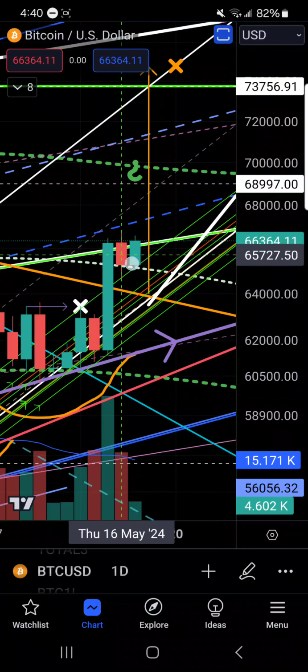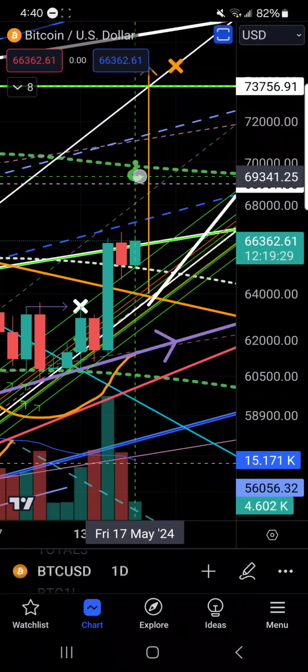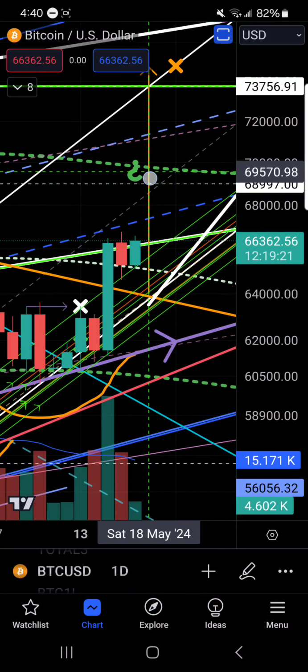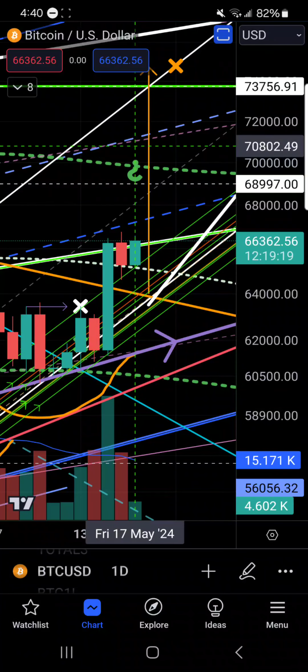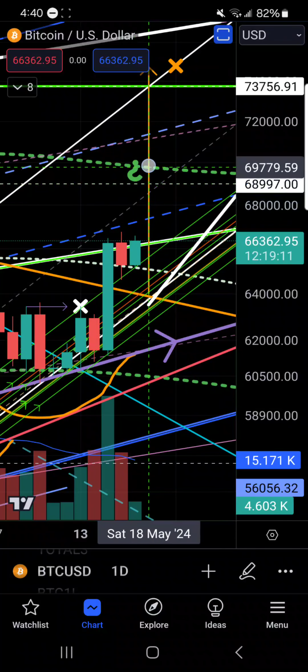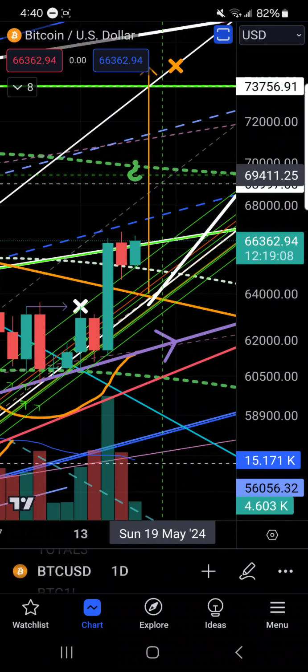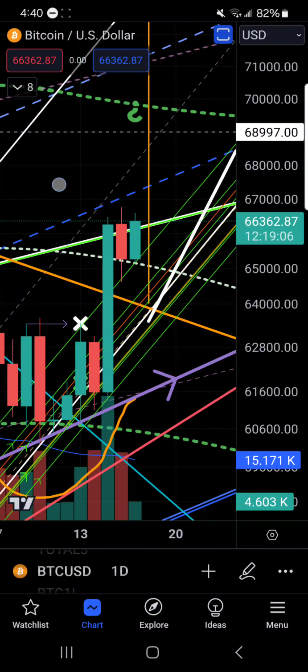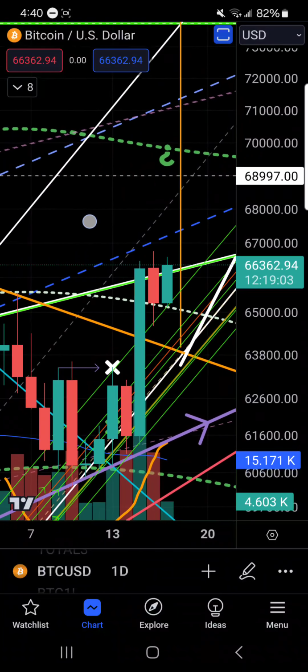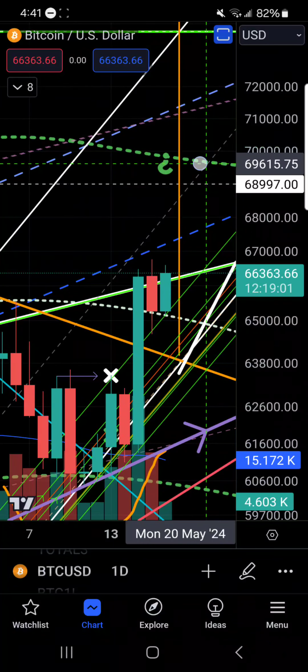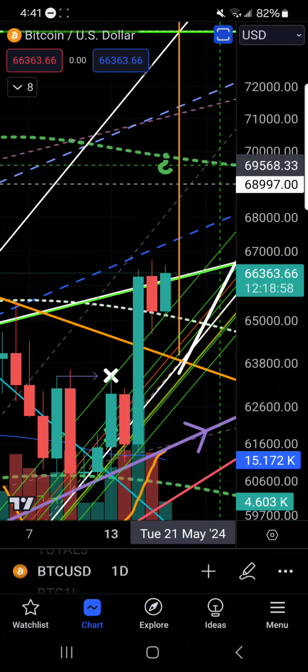And so this one should be a big one here. It's a very rare formation, but I believe that it could come up to this question mark here, at the top of our daily Gaussian channel, which is typically what we do.